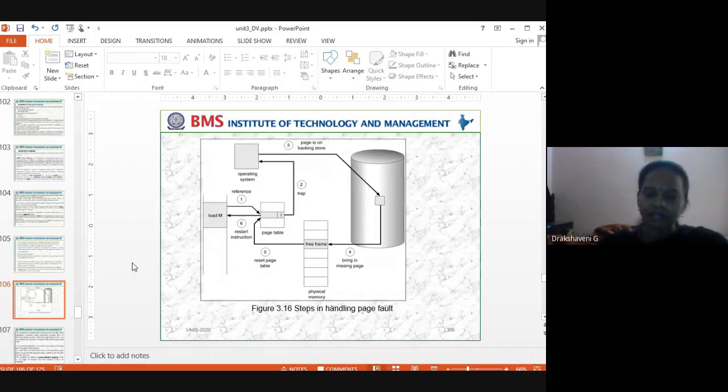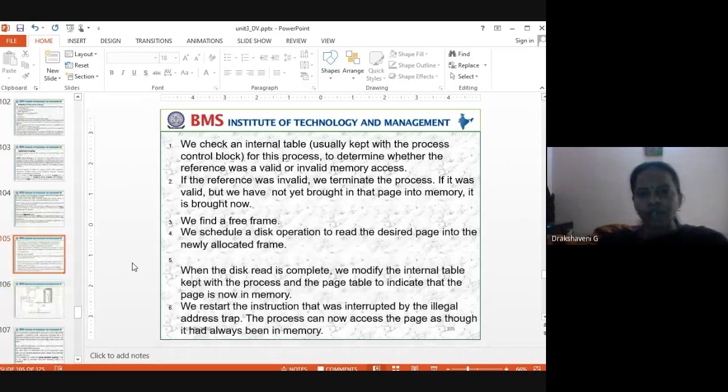We have a figure here. We check an internal table, usually kept in the process control block for this process, to determine whether the reference was a valid or invalid memory access. If the reference was invalid, we terminate the process. If it is valid but we have not yet brought this page into memory, it is brought in now.